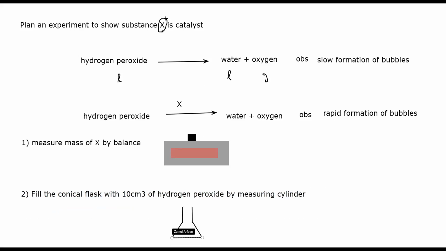This is a conical flask, and we fill this flask with the help of a measuring cylinder. We took hydrogen peroxide, for example 10 cm cube of hydrogen peroxide, and with the help of a measuring cylinder we transfer that into a conical flask. So the conical flask will have 10 cm cube of hydrogen peroxide.